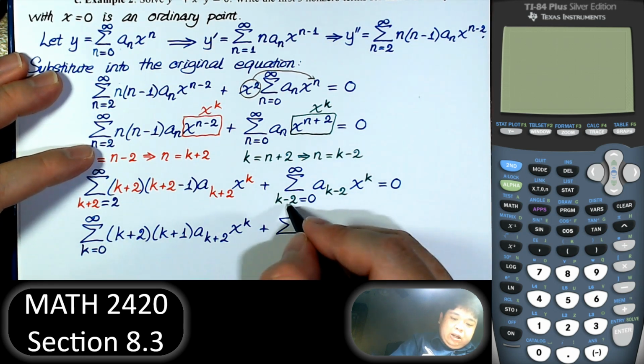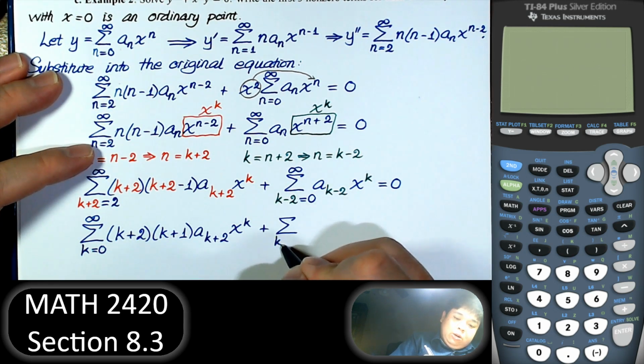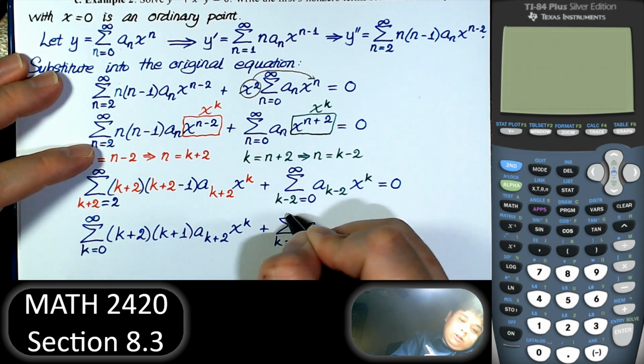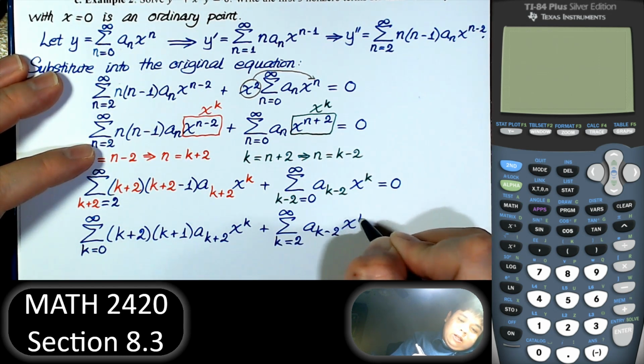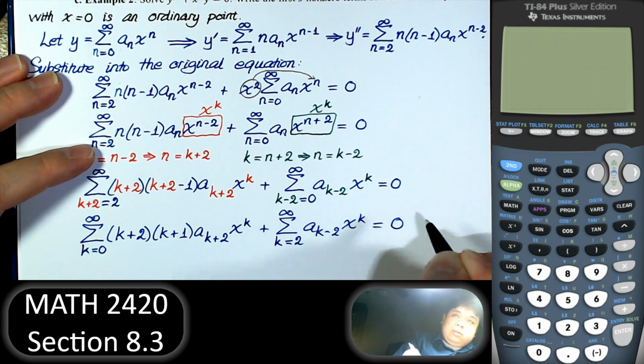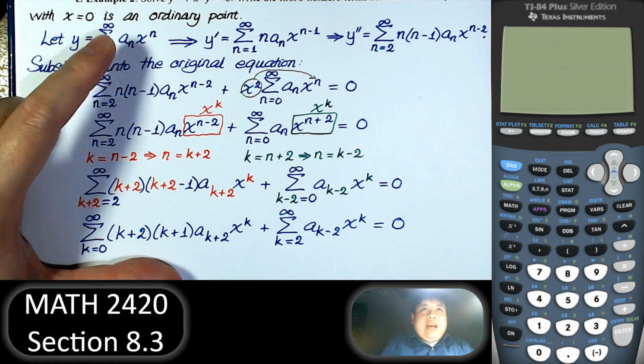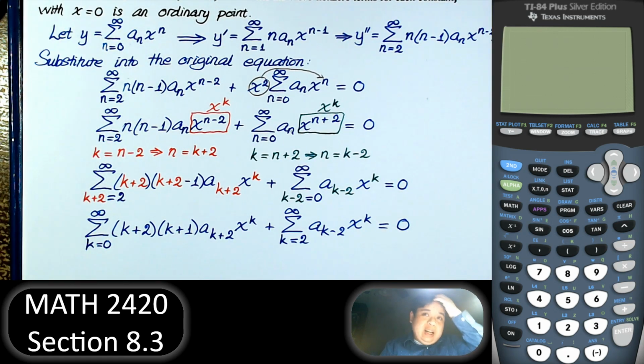And then combine. K minus 2 is equal to 0, so k equal to 2. A sub k minus 2, x to the k. Right, so both of them have x to the k, which is good. That's why originally we use n, so we don't want to be redundant later on. We want to change the index anyway.